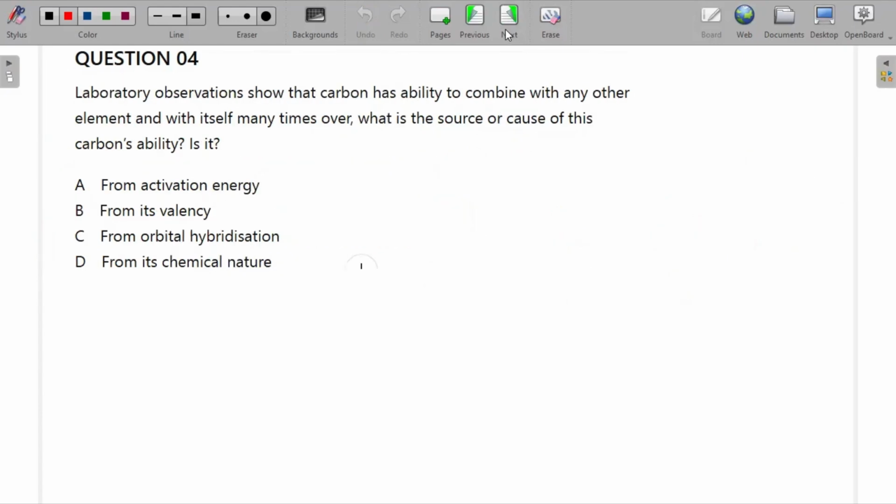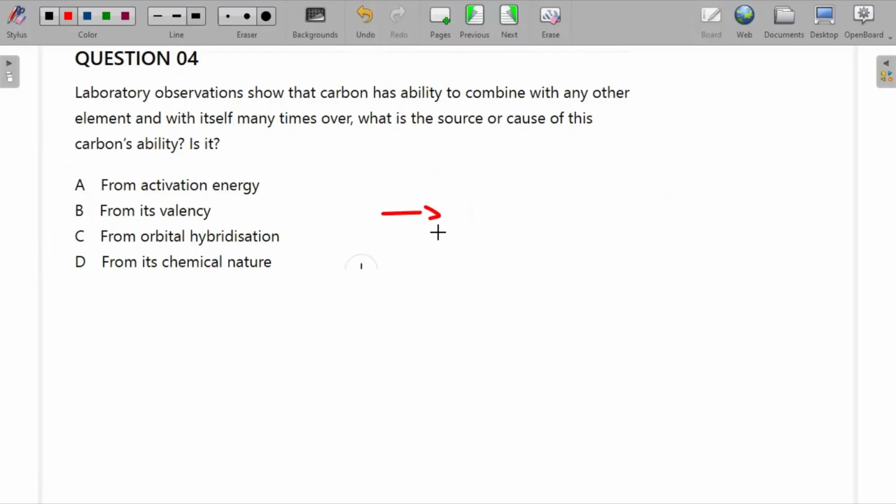Okay, question number 4 says, laboratory observations show that carbon has the ability to combine with any other element and with itself many times over. What is the source or cause of this carbon's ability? Okay, so the ability comes from the excitation that the atom has.